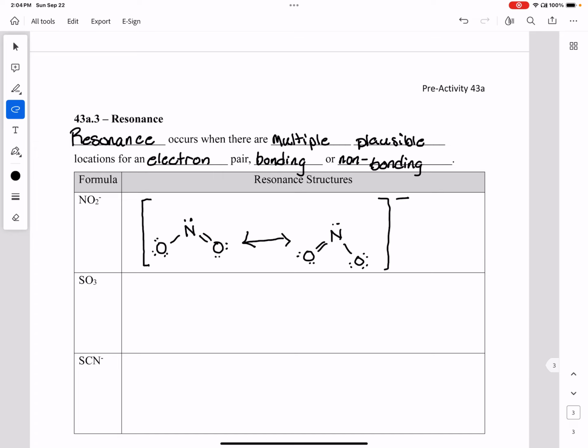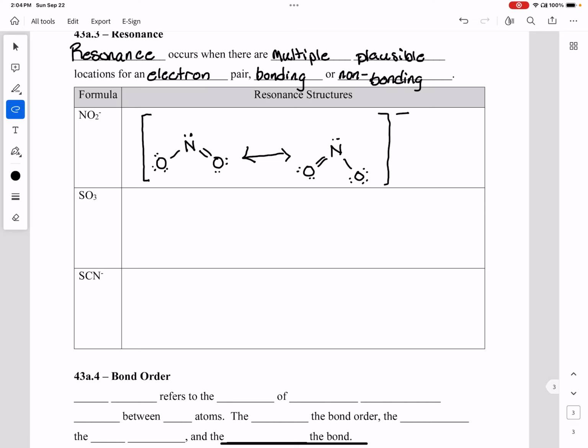Okay, this happens with neutral molecules as well. So let's look at SO3. Okay, so double check to make sure we have 24 electrons represented in this drawing, and we do. So this double bond could be in any of these three places. So we'll draw a double arrow.